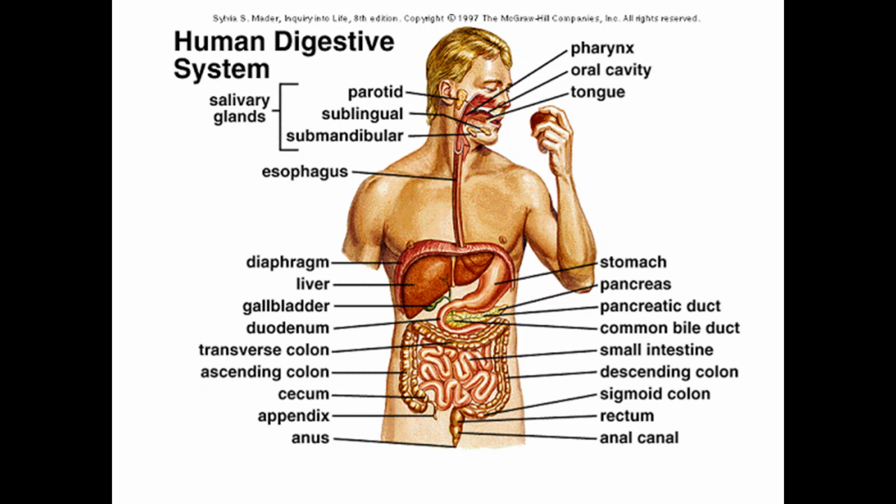Now let's talk about the gastrointestinal tract. The gastrointestinal tract is a long hollow tube extended from the esophagus to the rectum. It includes the esophagus, stomach, small intestine, duodenum, jejunum, and ileum, large intestine, colon, and rectum.